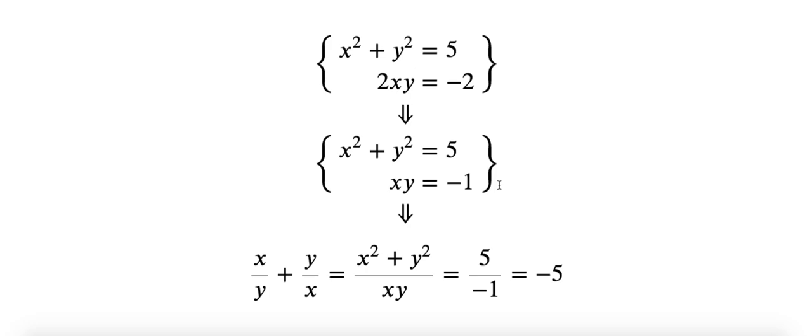Now that we have the numerator, the sum of squares of x and y, and the denominator, the product of x and y, we reach the same result as in the previous solution.